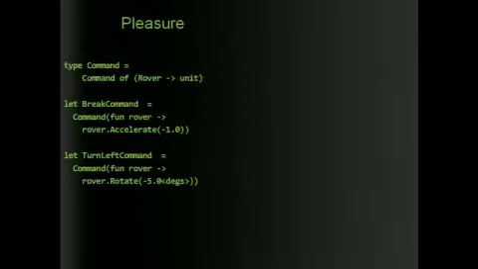Each command is a function which takes a rover and does something to it. It's an imperative command which returns unit, meaning it's performing an action on the rover in some way. Unit is the equivalent of void in C# programming. And we have a break command and a turn left command. It's a straight F# expression of one of these standard design patterns.